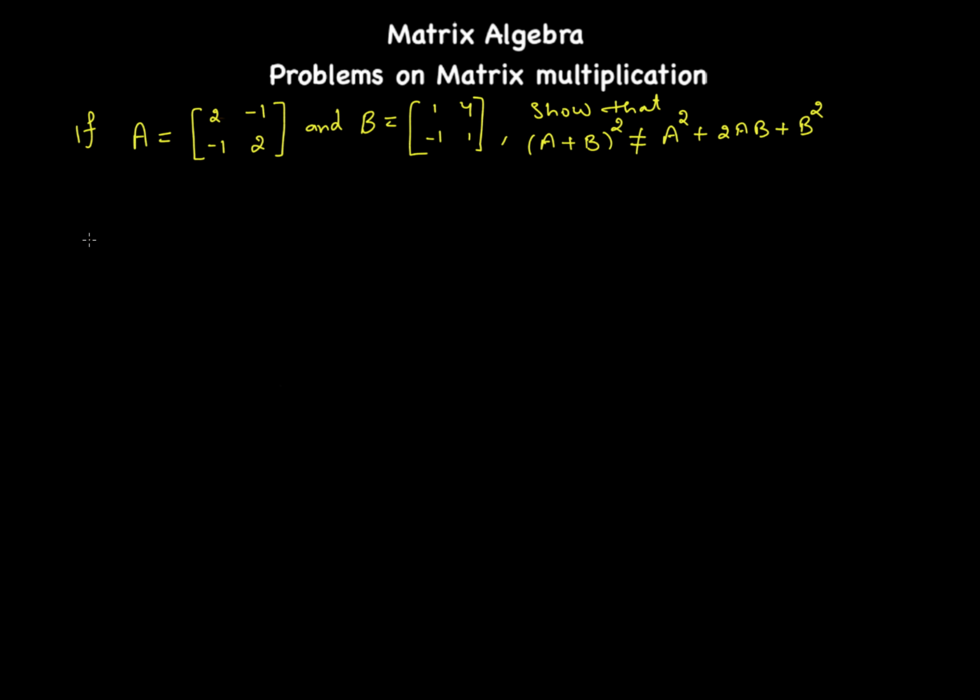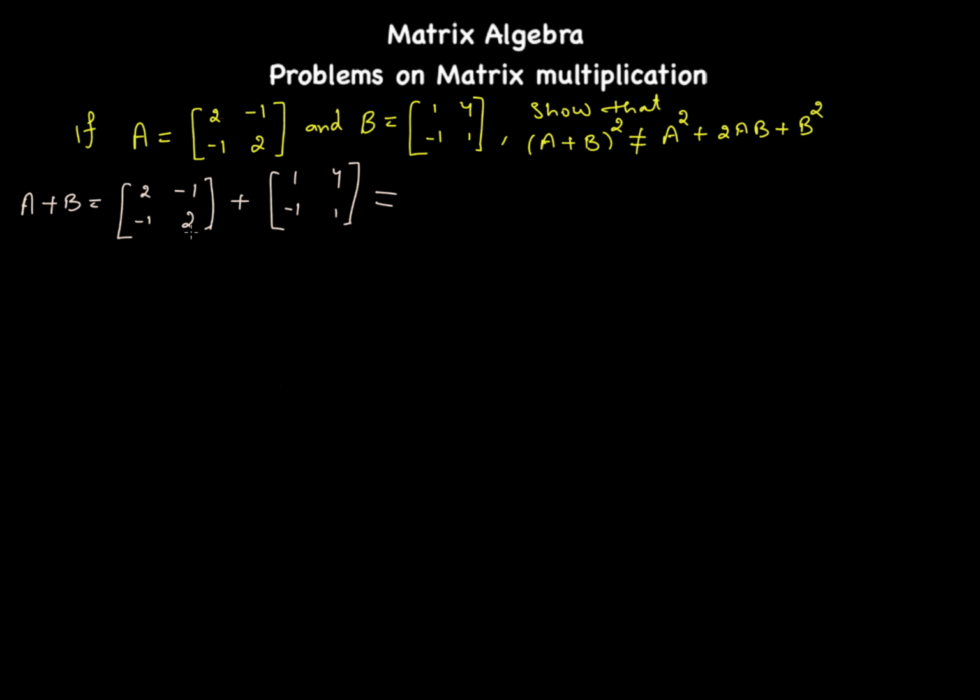Okay, so let's start with the left hand side, which is (A plus B) squared. First of all we can find A plus B, which can be written as [2, -1; -1, 2] plus B, which is [1, 4; -1, 1]. The rule for matrix addition is that we can add matrices if they are of the same order.